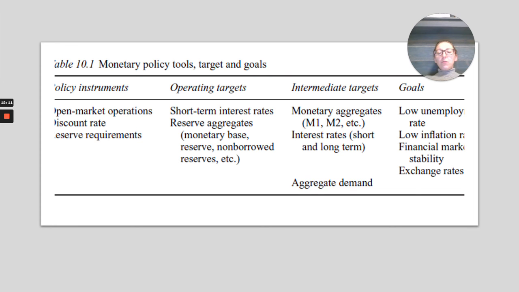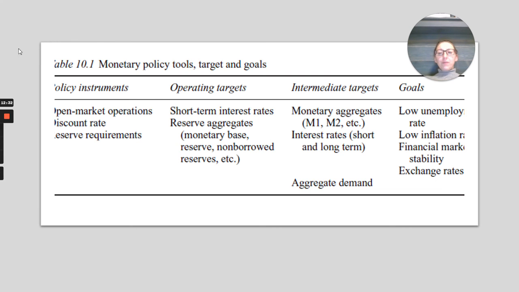So the two most popular are open market operations and the discount rate, and both of them are used. Which one is more important depends on the particular situation in the economy, the particular timing, when and what is done, and so on.